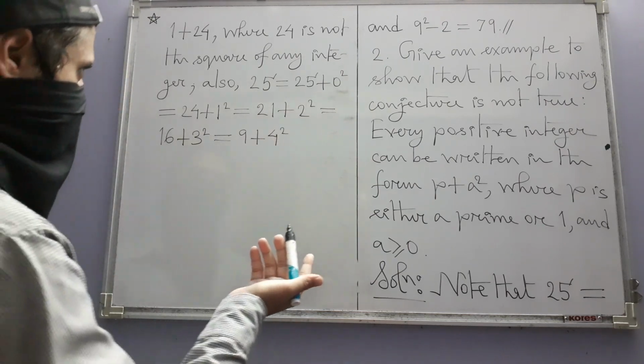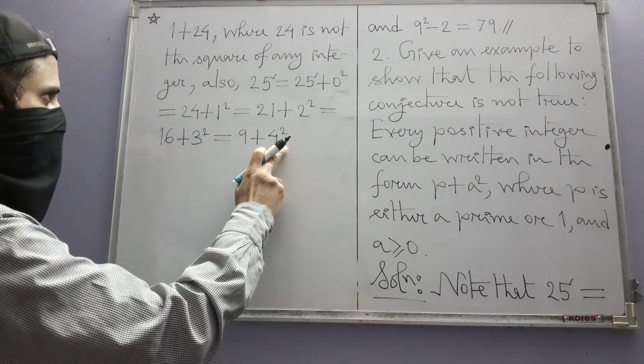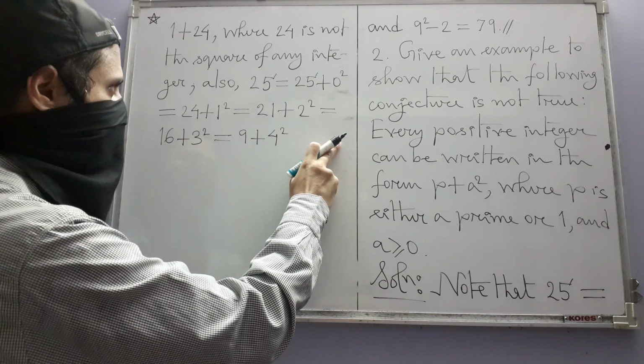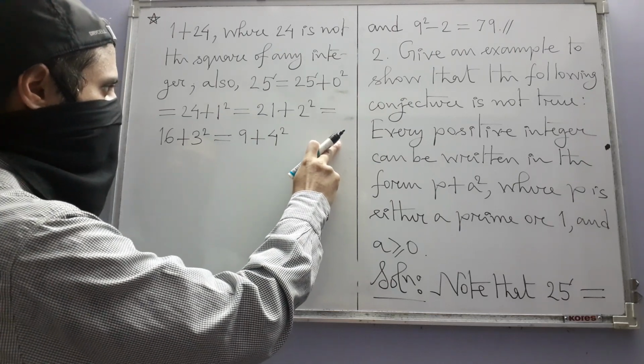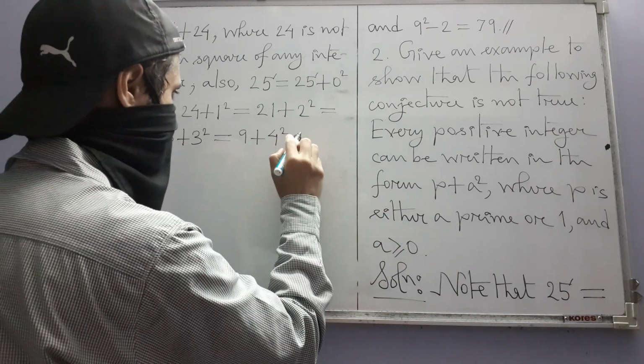Can we write any more? No, we cannot, because if you take 5 square next, then the other summand is 0.